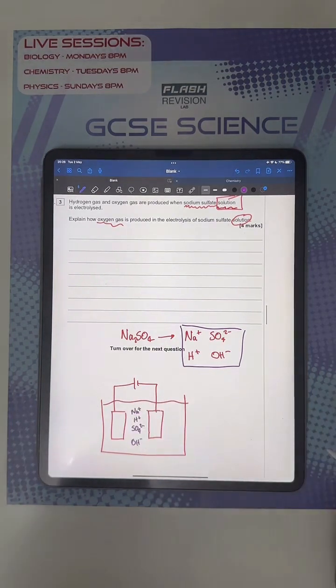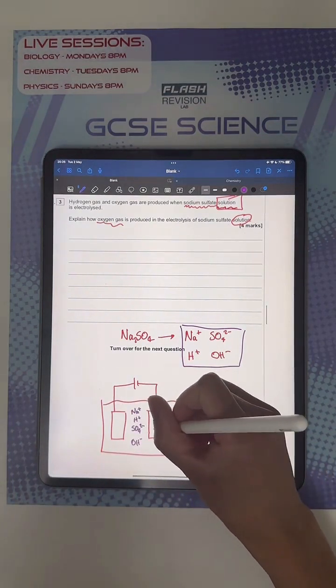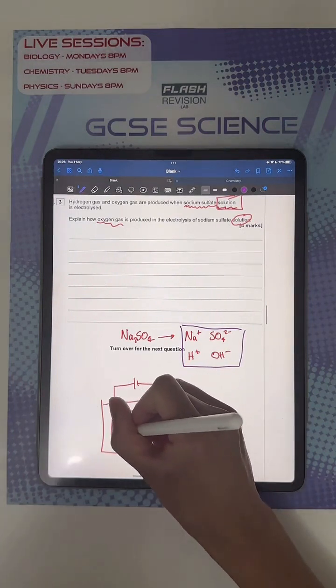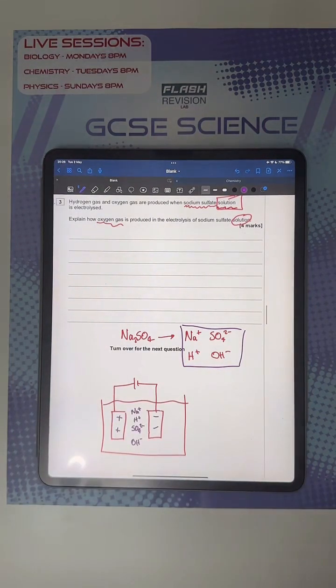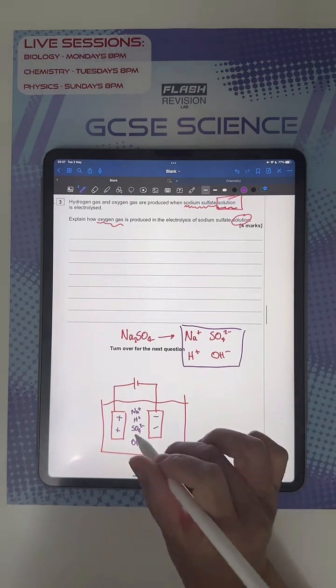So out of the positive ones, how do you decide which one goes? Which one is going to go to the negative electrode? Close. It's not which one's more reactive. It's the least reactive one that goes. So for the positive ones, it's the least reactive that go.